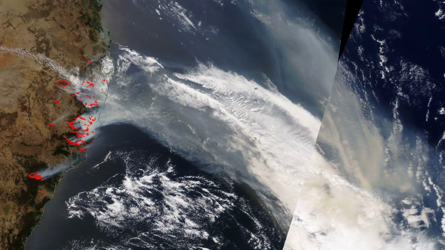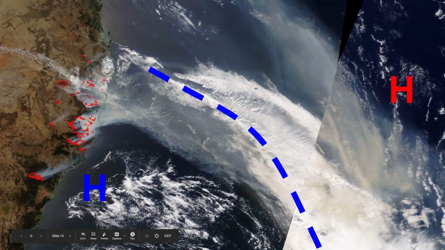So this is a satellite picture of the fires last year in Australia and a front passing through. So on this side of the front we've got a warmer tropical air mass, and down here in the bottom left we've got a cooler air mass coming from Antarctica, and in between them a planetary sea breeze would want to blow the air that's expanded upwards.